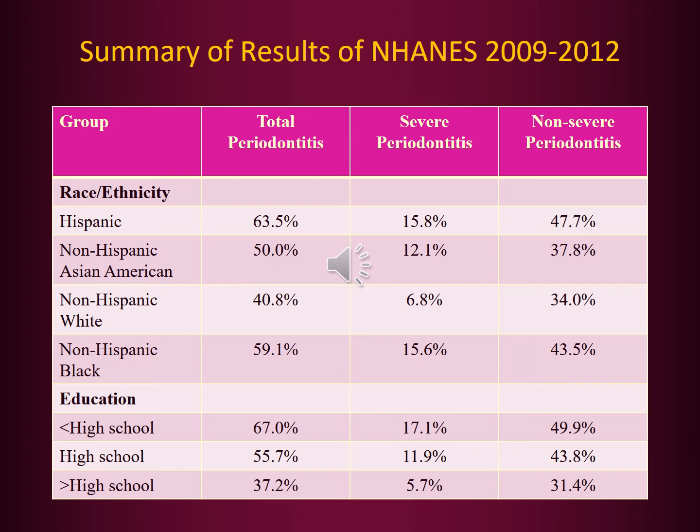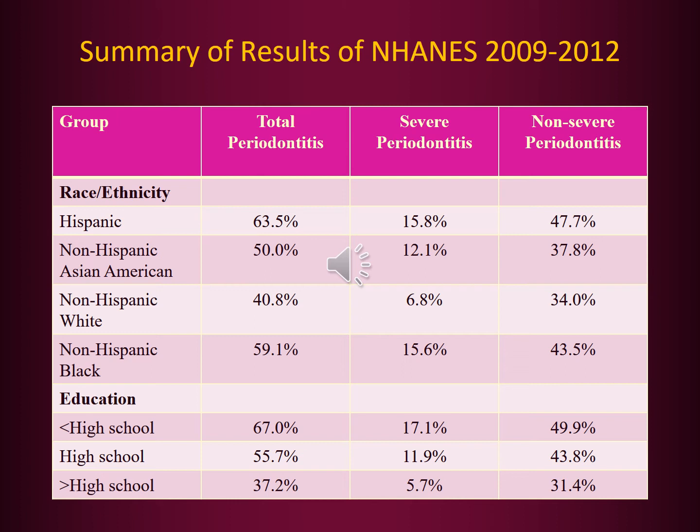The numbers are similar for non-Hispanic Asian Americans and non-Hispanic whites for the non-severe periodontitis, but you can see the non-Hispanic Asian Americans have almost twice as much in the severe periodontitis category compared to non-Hispanic whites.